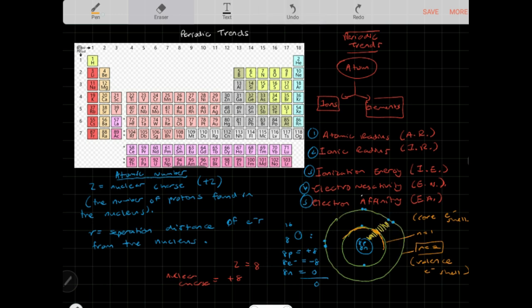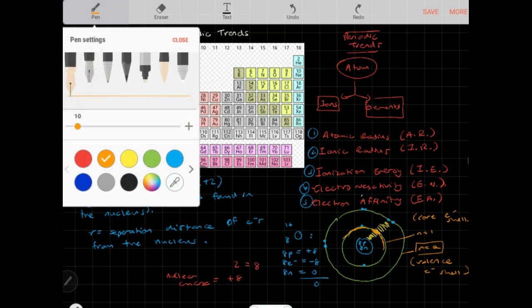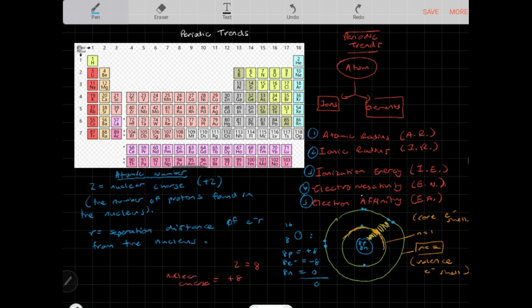If we're looking at the attractive force that these further electrons feel, the core electron shells will disrupt that nuclear charge, and as a result, the nuclear charge will get distorted depending on the location of the electrons. So although we said that the nuclear charge is the intrinsic charge of the nucleus, the effect of that nuclear charge on electrons will be dependent on the distance as well as the core electron shells.